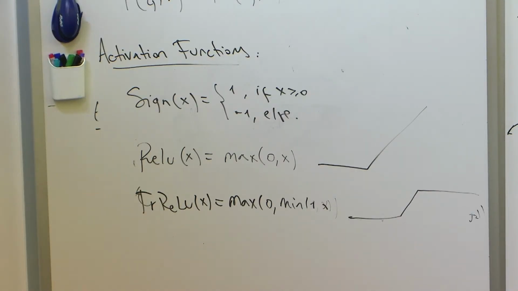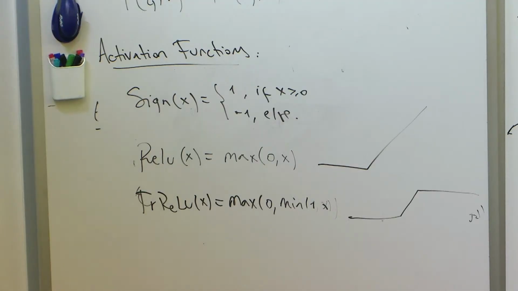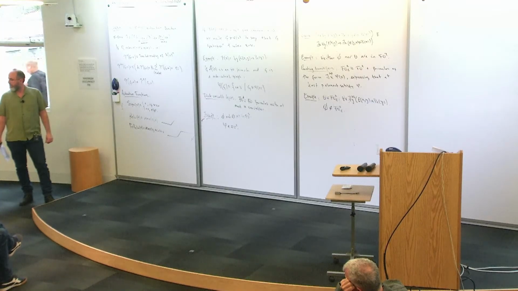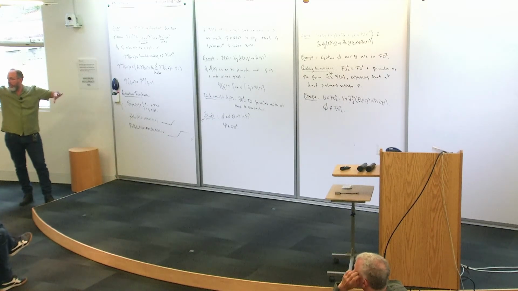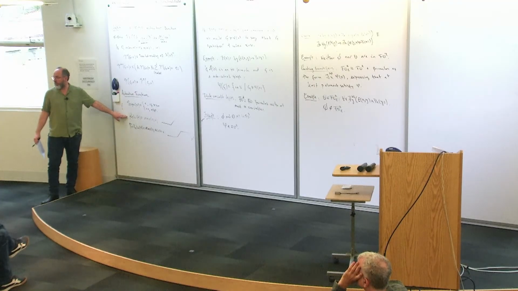Question: is it possible to also extend this to non-piecewise linear activation functions? So how important is it that it's piecewise linear for our results? Well, it depends on the flavor of the results. Michael, for instance, has been studying what he calls eventually constant activation functions. These are activation functions that have a limit on the left and on the right, and this is sufficient to obtain many of the expressiveness results. But ReLU is not eventually constant, and yet some of the results hold for ReLU.